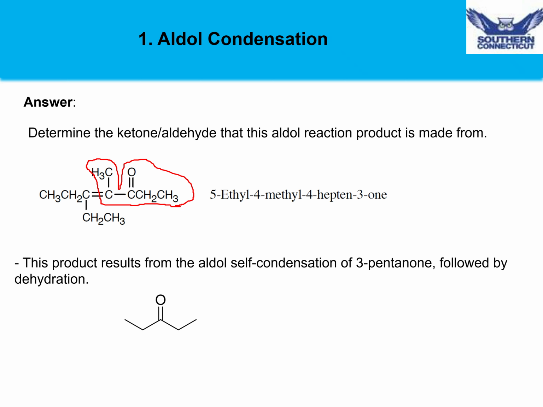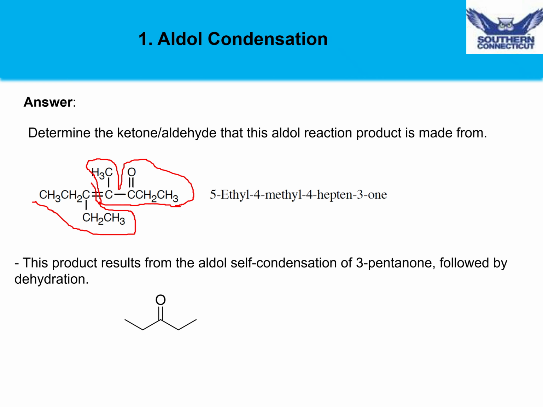If you notice, that is 3-pentanone. So we have a carbonyl on a 5-carbon chain. And then the rest of the molecule gives us a hint about the other reactant. So we have here a compound that joins the alpha carbon of the carbonyl that I already highlighted.